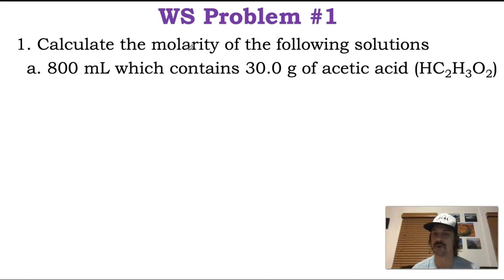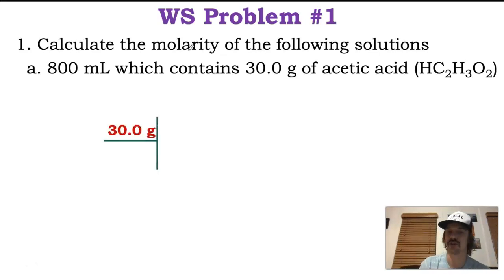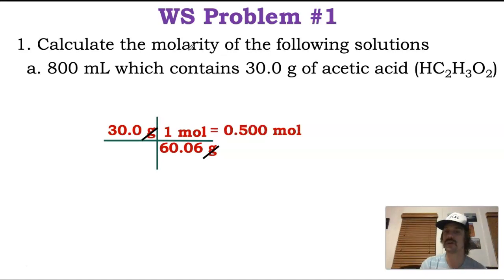Remember, molarity is moles per liter. I'm given mass and volume. So what do I need to do with that mass? Turn to moles. Okay? Once I have turned my 30 grams of acetic acid to moles, to get molarity, remember, I divide it by my volume in liters. If I have 800 milliliters, how many liters is that? 0.8.